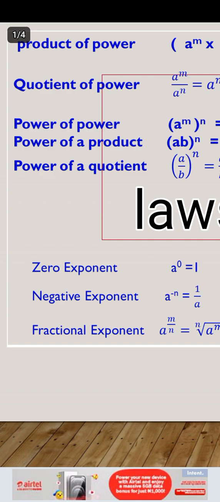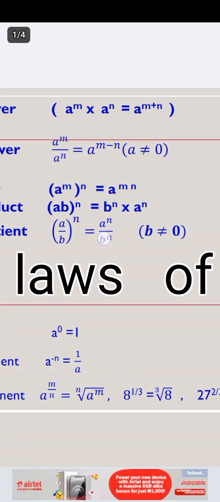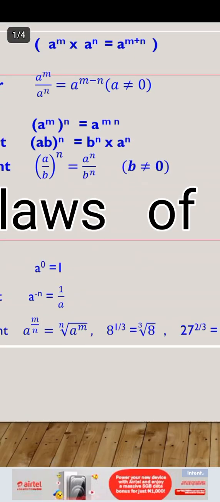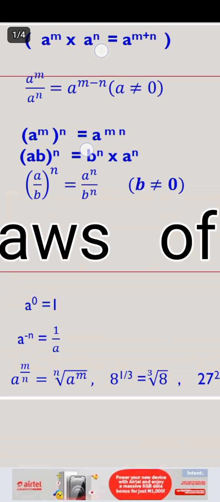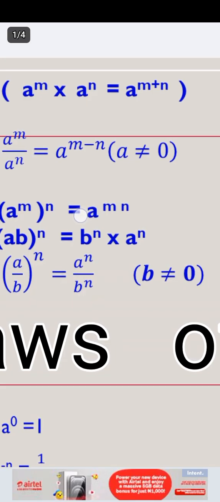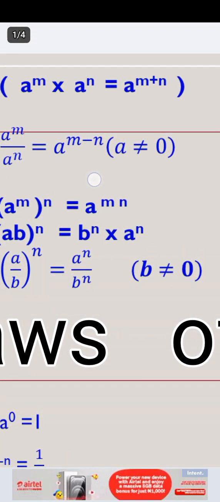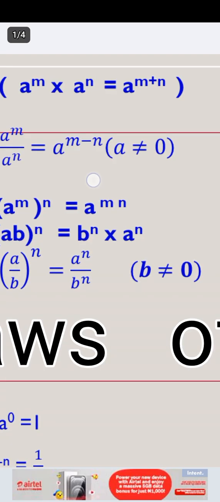Now let us see these laws in practice. The first one is the multiplication law. That is how to multiply numbers of the same base with indices. For example, what I have on the screen now is a raised to power m times a raised to power n.